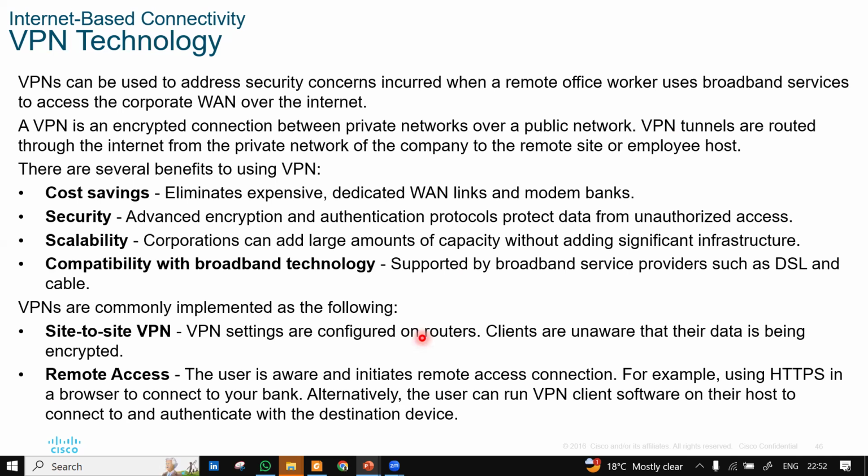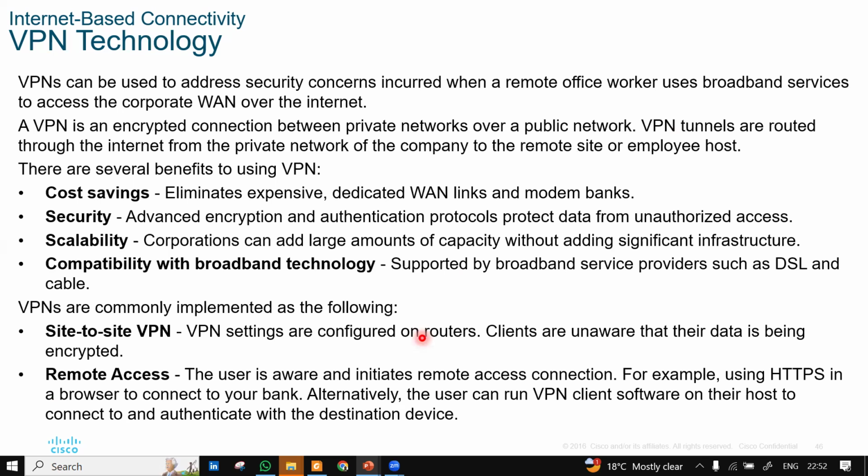So those are the two types of ways a VPN is implemented: site to site and remote access. You can figure that if I'm connecting two branches, it's definitely site to site I'm using. But if it's an employee on a holiday trying to access information from the branch, they're going to use remote access.